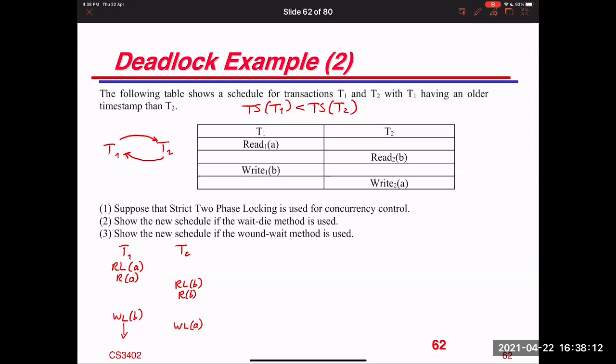And so we just continue, right? So now transaction T2 tries to execute this right here. So it will acquire the write lock on A. Now transaction T2 is younger than transaction T1, and transaction T1 already holds the lock on A. So transaction T2 is being restarted.